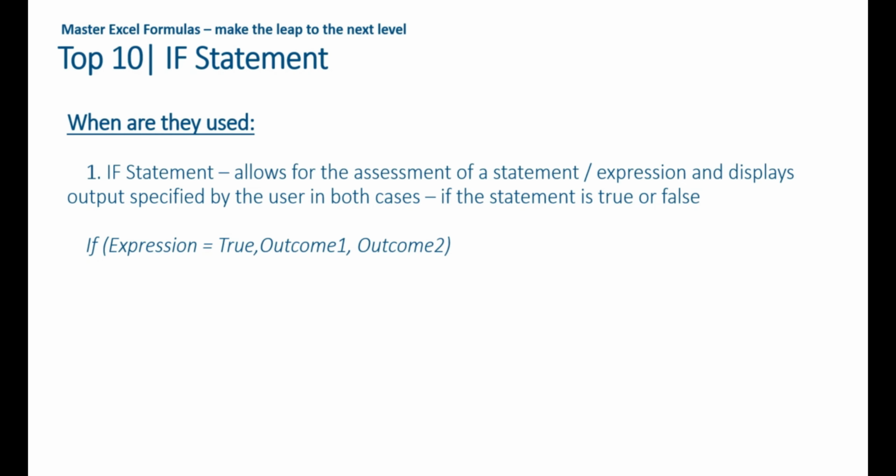So when is that used? The if statement is used when the user needs to assess a statement, and if the statement is correct, it should show a specific output, and if the statement is not correct, then it should show another output.